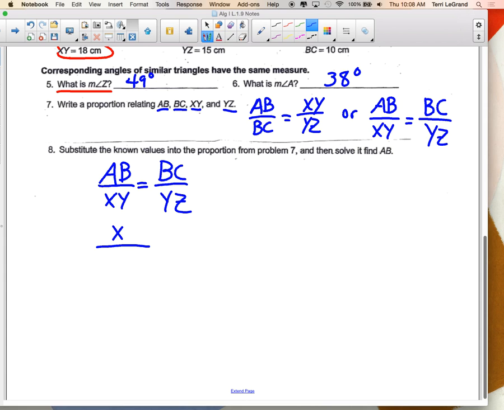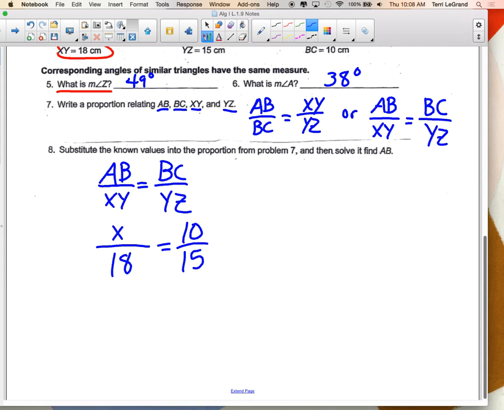What's the length of XY? Well, 18, okay. And we need the length of BC. Do we know the length of BC? 10 centimeters, okay. And we need the length of YZ. Do we know the length of YZ? 15 centimeters, okay. Well, we have enough information then, don't we, to solve that proportion.